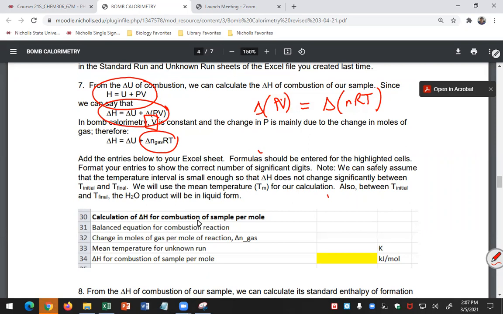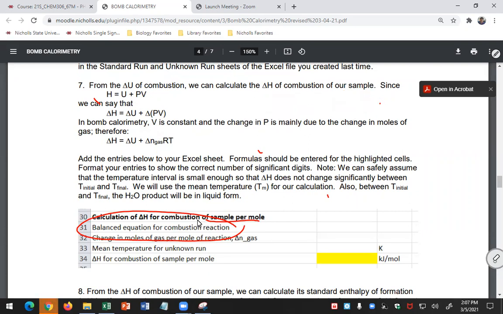So let's calculate delta n gas. Oh, first of all, we need to calculate delta H combustion per mole. Let's write the balanced equation first. Okay. So let's go ahead and do that. What's our balanced equation?